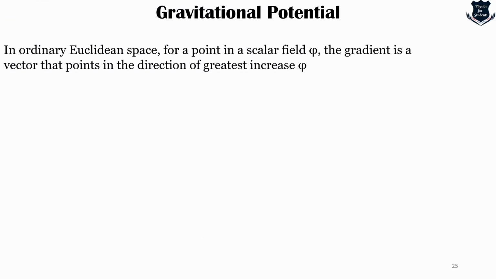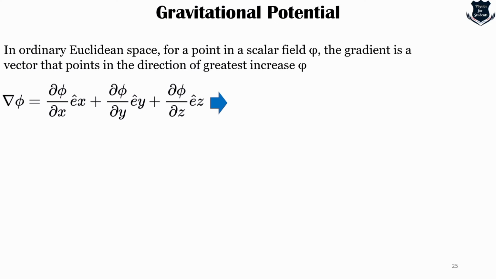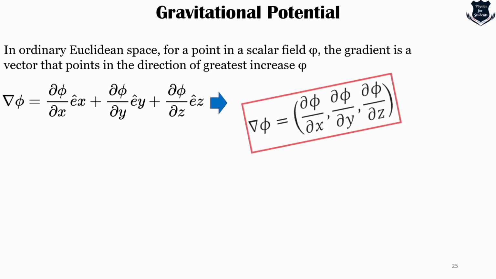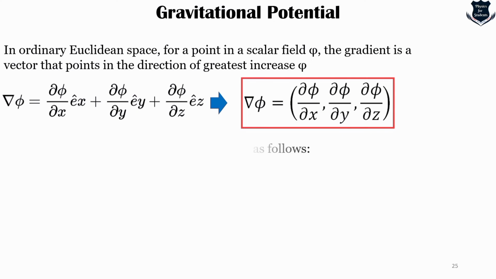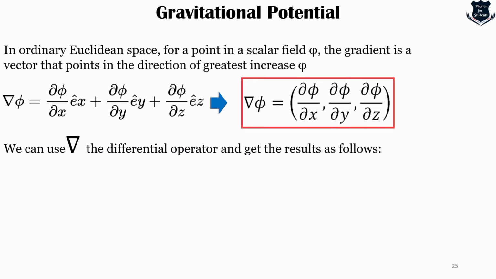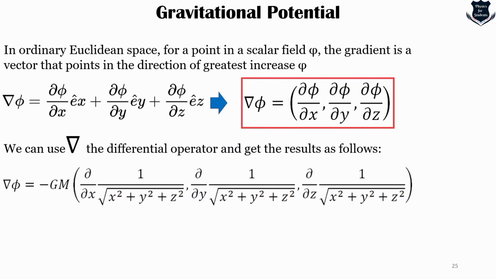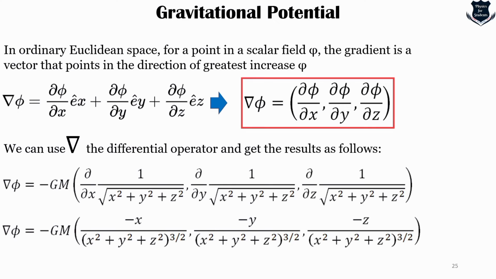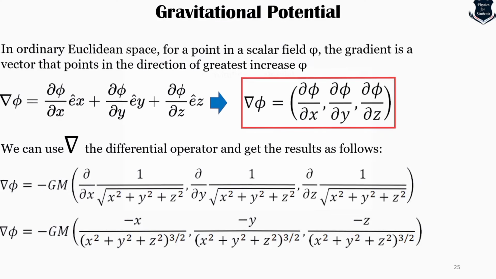So in ordinary Euclidean space, for a scalar phi, the gradient is the vector of its partial derivatives. So we take these partial differentials, and then we use the differential operator and we get this value. Calculating further, we get this value. Now I'm not explaining it right now because this requires a differential operator calculator, which you can just check on the equations.